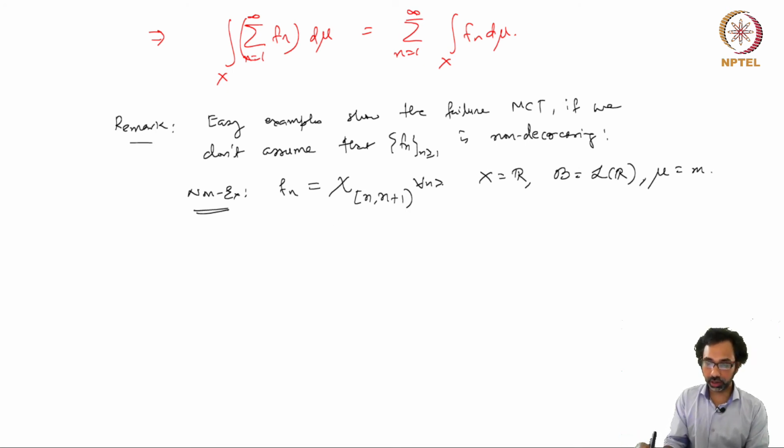So for all n greater than or equal to 1, we can take the indicator function for the interval [n, n+1].